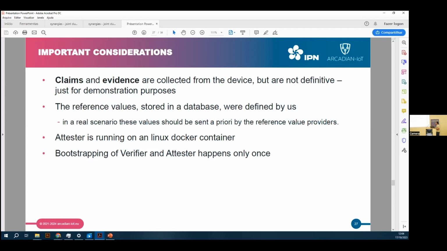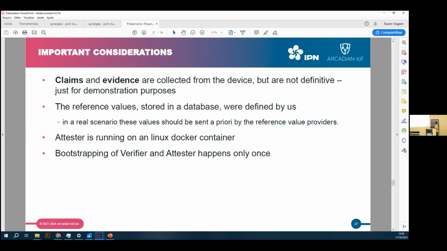Also, we are running the attester just in a Linux Docker container. And one thing to make clear is that the bootstrapping only happens once and not for every attestation process.